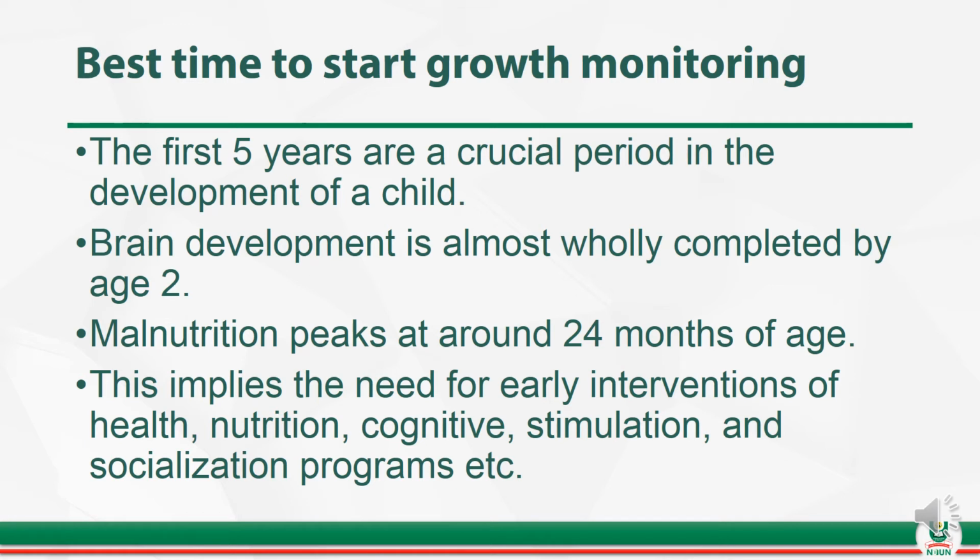So it is important, like I said, that early intervention with regards to the health of a child, nutrition, cognitive stimulation, and socialization programs are started early enough. So less than 5 years is the adequate time, at 0 to 5 years, or 1 day of age to 5 years. That is when it is important to start growth monitoring.